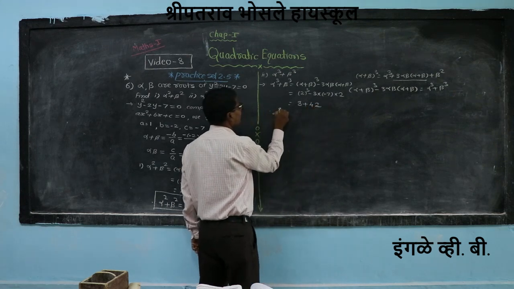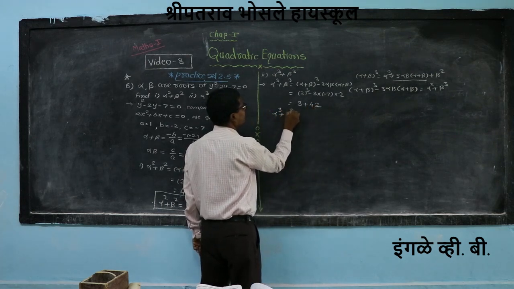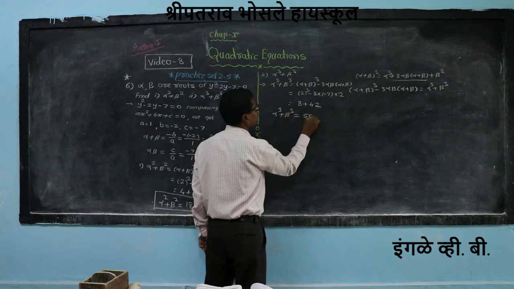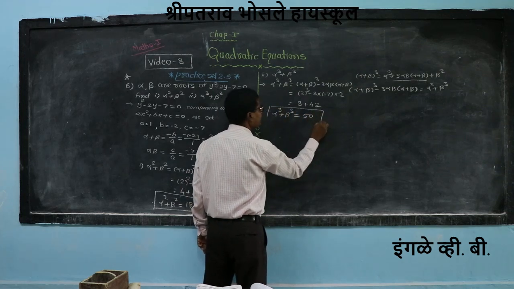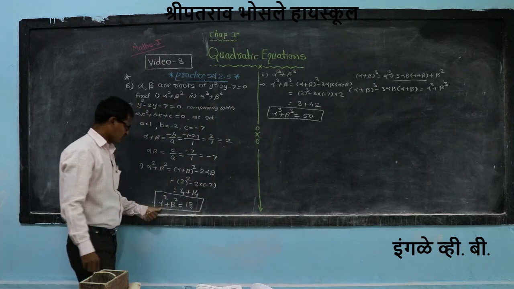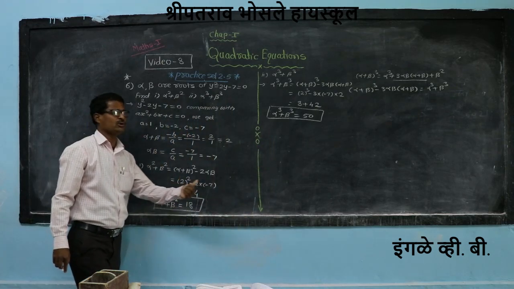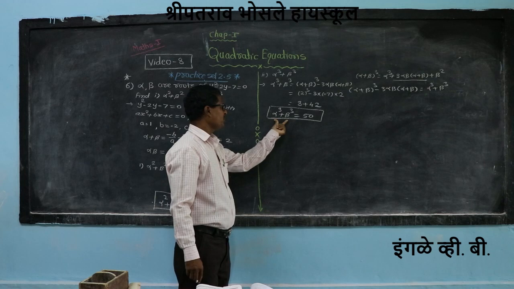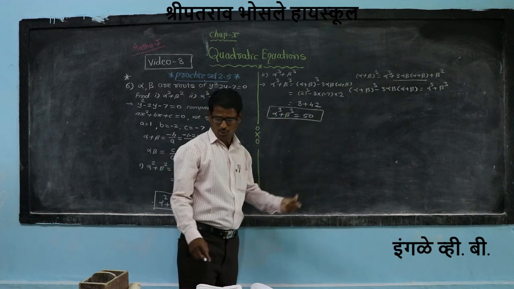Therefore alpha cube plus beta cube is equal to 50. In this way, we can find the values: alpha square plus beta square is equal to 18 and alpha cube plus beta cube is equal to 50.